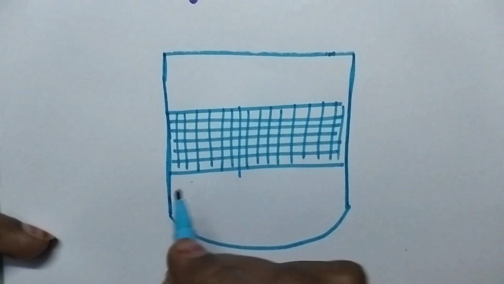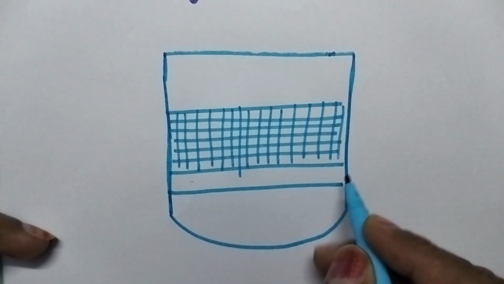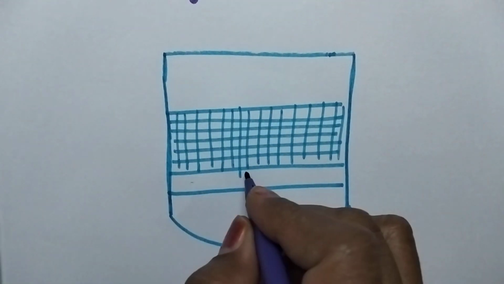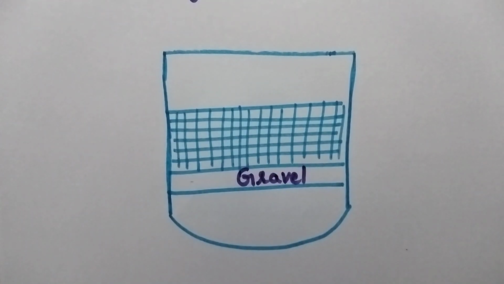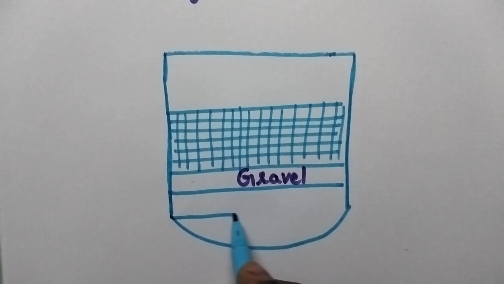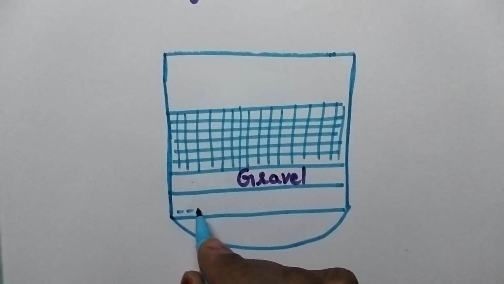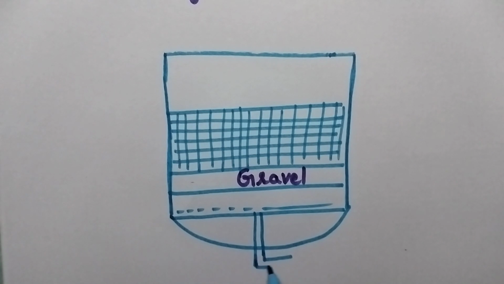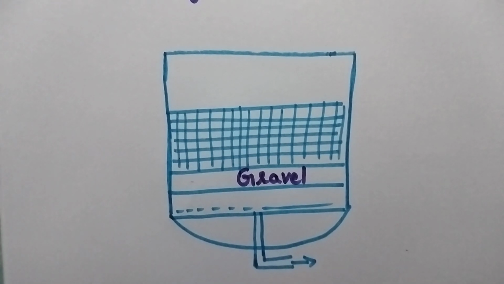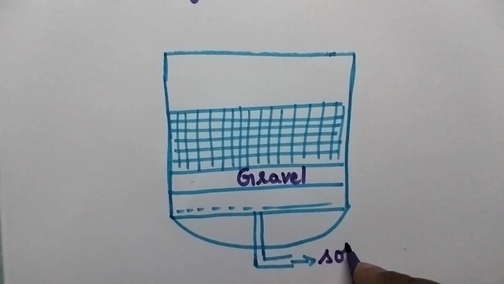Always it is supported with a gravel layer. The treated water, that means the soft water, can be collected from this outlet.